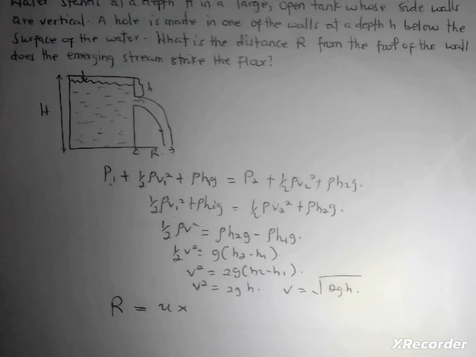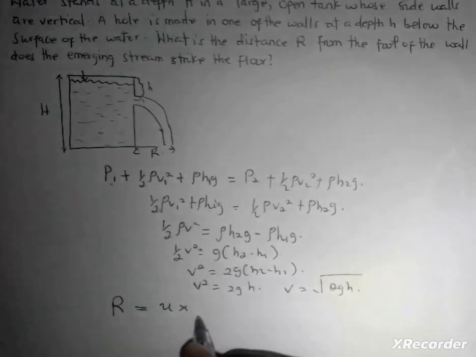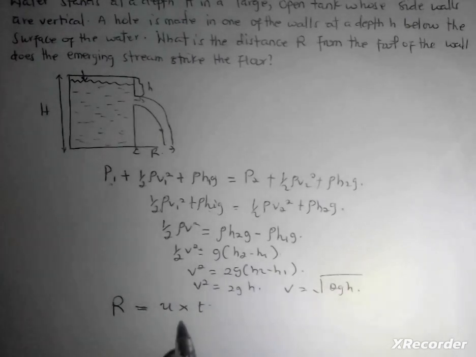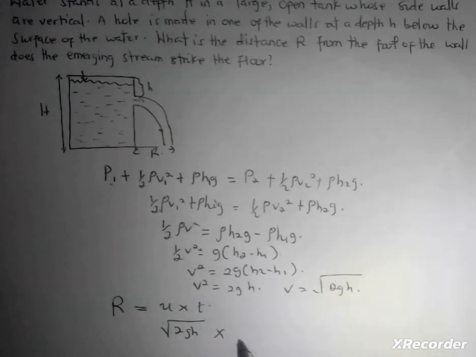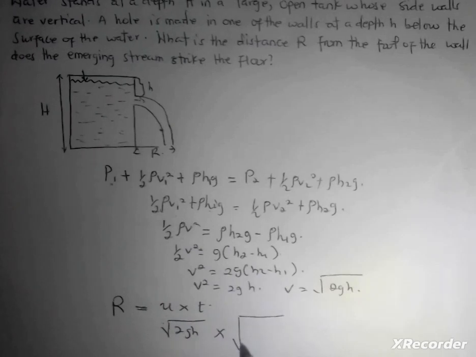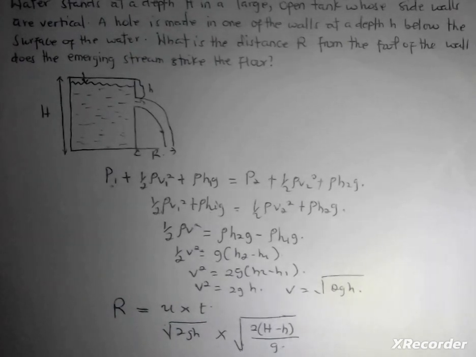The time of flight. So you realize that the time of flight, which is t, is simply given as, so our u is now the square root of 2gh. Then our time of flight is going to be the square root of 2 times the change in height, H minus h, over g, like this.